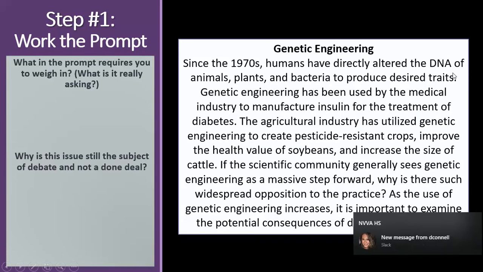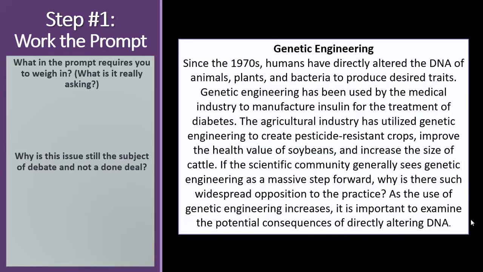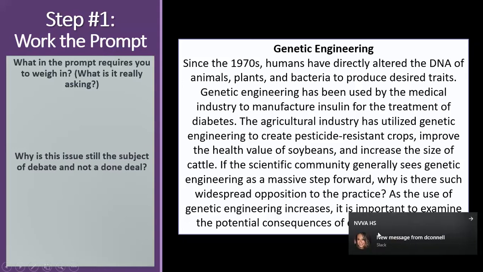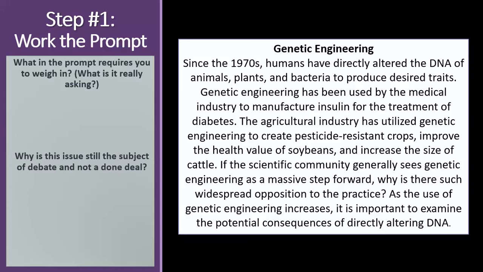So what in the prompt requires you to weigh in, and why is this issue still the subject of debate? Let's read this prompt, and then we'll talk about these questions and start to answer them. The title of the prompt is genetic engineering. Since the 1970s, humans have directly altered the DNA of animals, plants, and bacteria to produce desired traits.